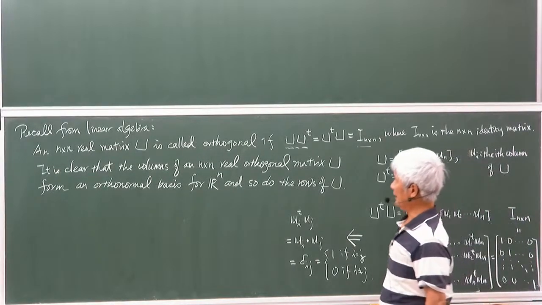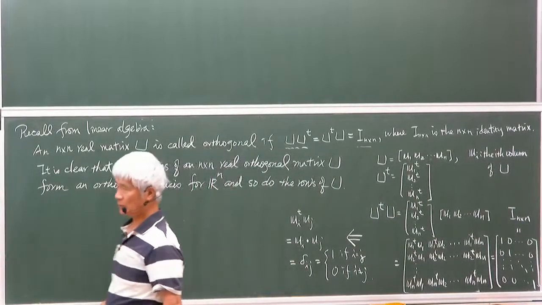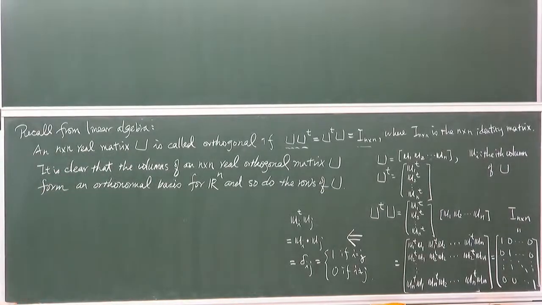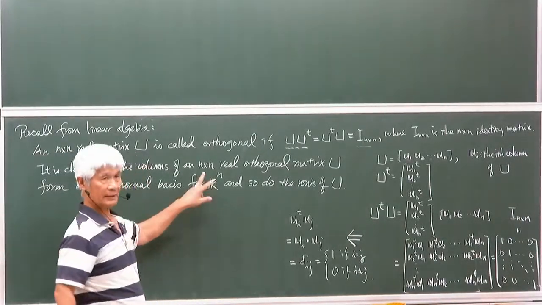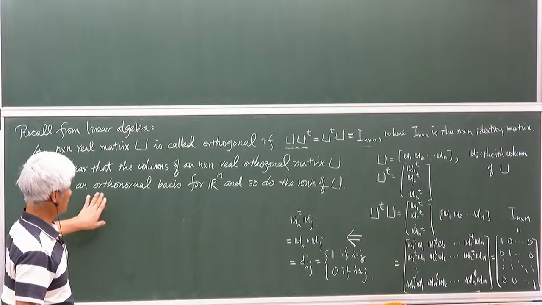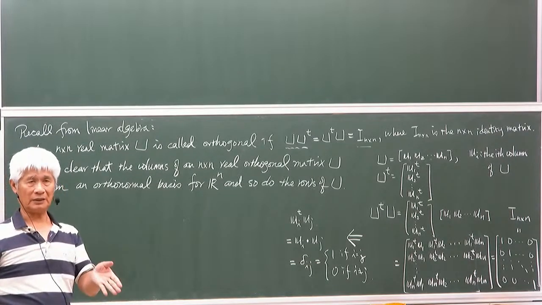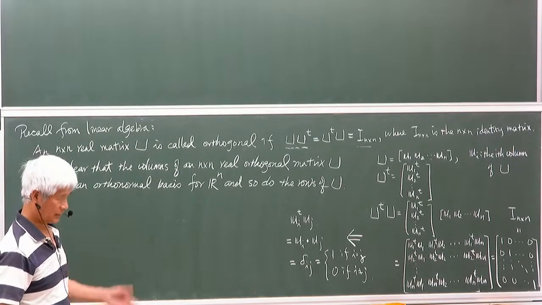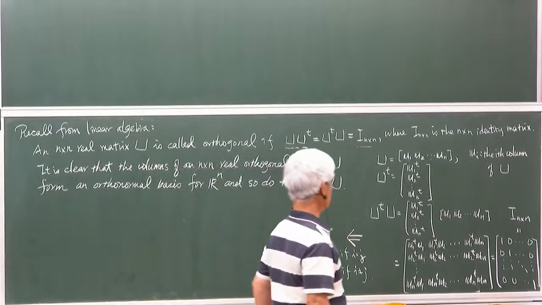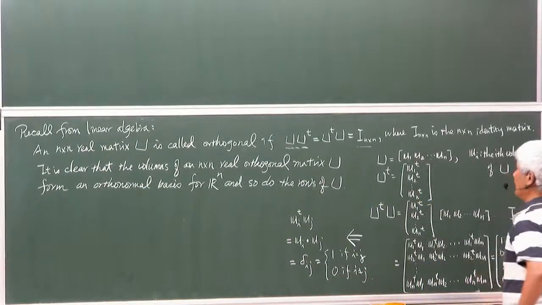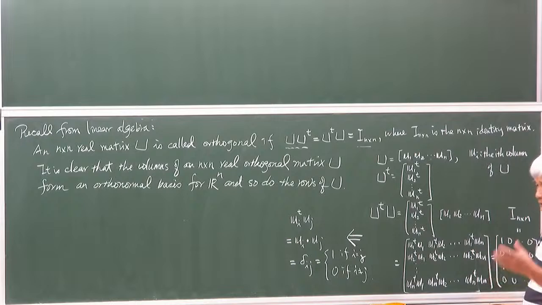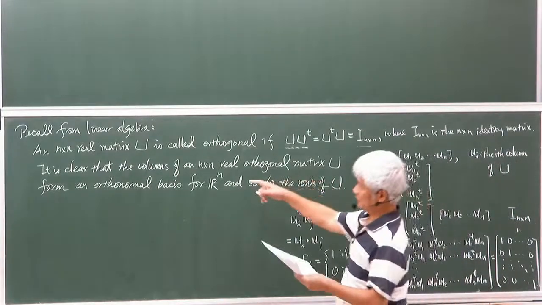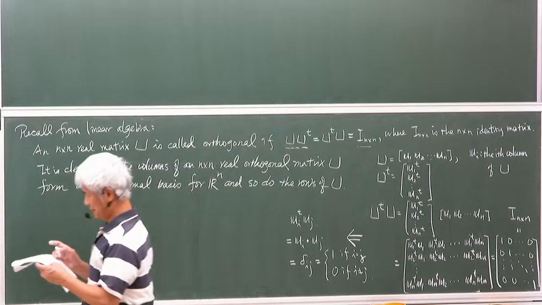So they form also an orthonormal basis, because Rn has dimension n, and we have n columns. They are orthogonal to each other, so they must be linearly independent, and this is the largest possible independent set. So we know that we have these properties here.